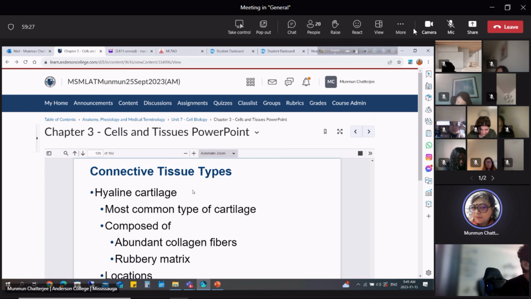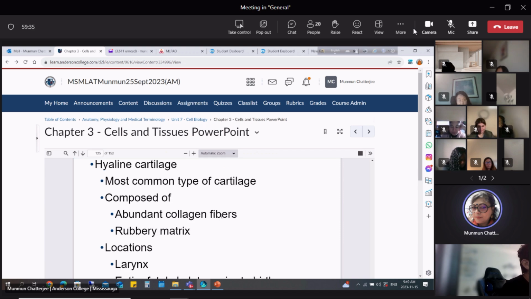What is the name? It is hyaline cartilage. It has abundant collagen fiber. It's cartilage, it's soft. It's not like bone. It's hard, but not like bone. When you eat chicken, at the end of the leg or wing, you can see the white, very soft type of bones. That is the cartilage.